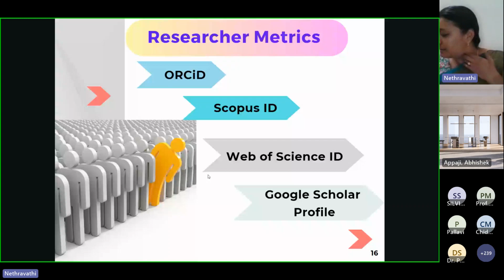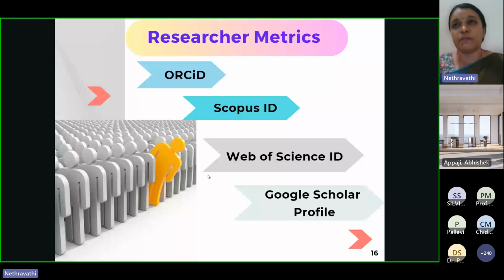As I mentioned in my intro at the start of the presentation, why should we have researcher metrics and create these IDs? It is to identify ourselves and make ourselves more popular, and also to popularize our articles. It need not be only about popularizing ourselves; we can also search for other researchers through these IDs.